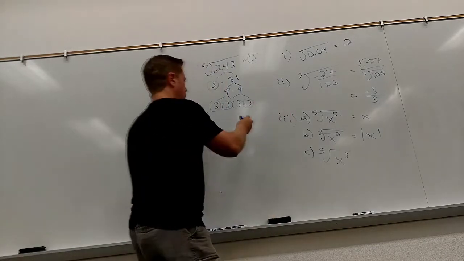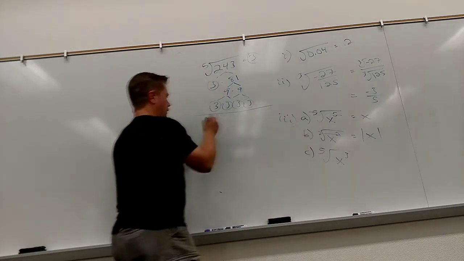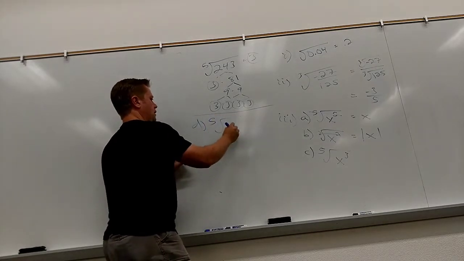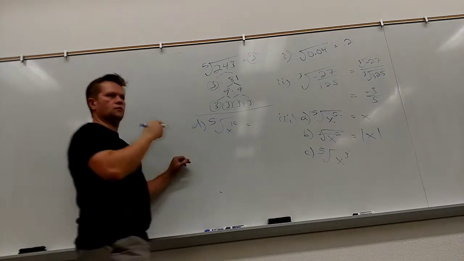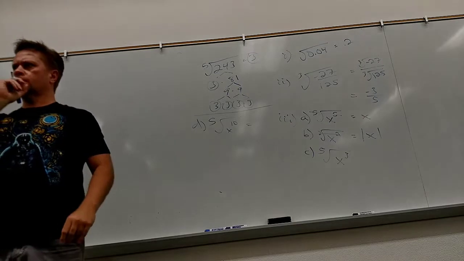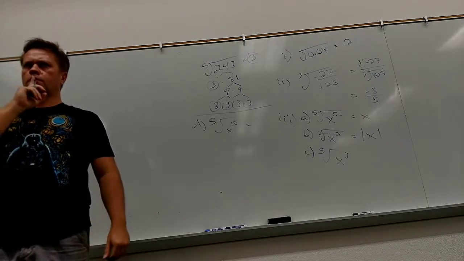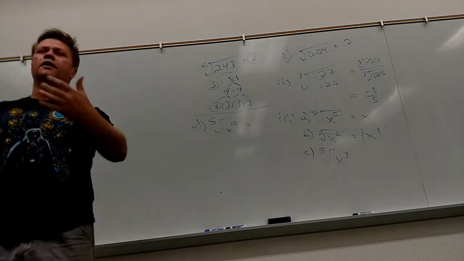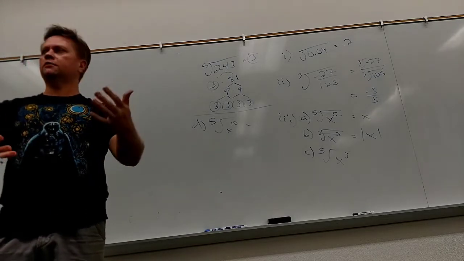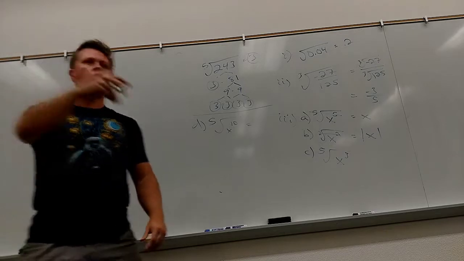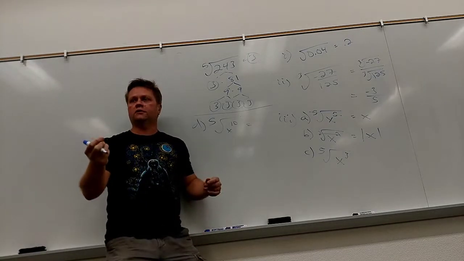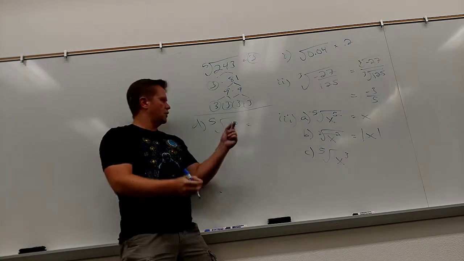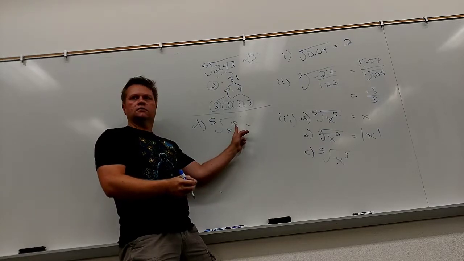But what's this? Kind of in the same vein. What is the fifth root of x to the 10th? What does it take 5 of to make x to the 10th? Well, it takes 5 x squares, right? What's the shortcut here? This is too good to believe. This is kind of bleeding into the next section. 5 goes into 10 twice.